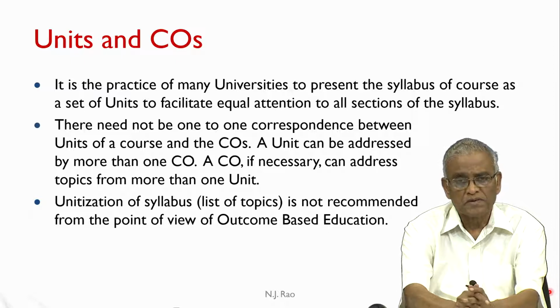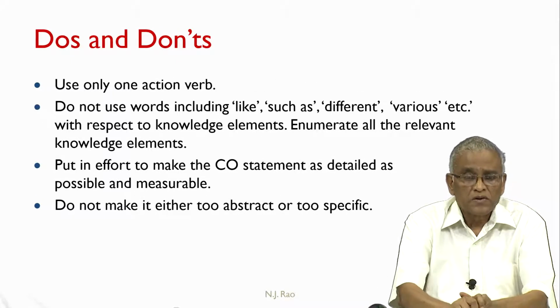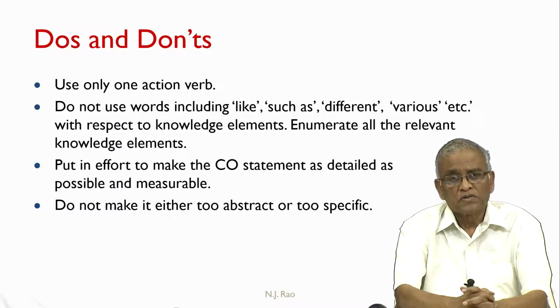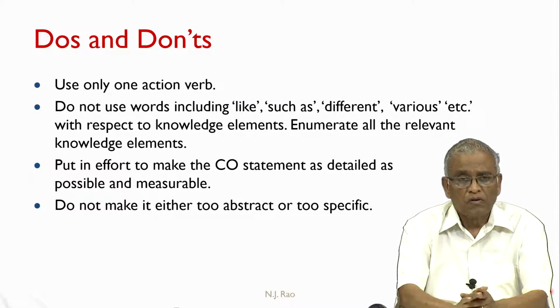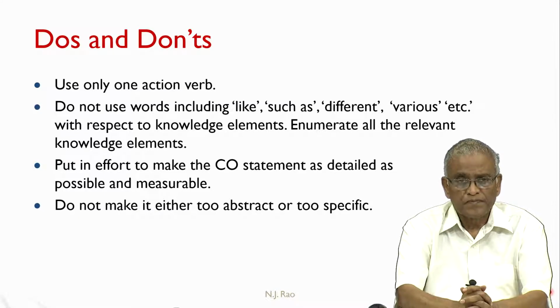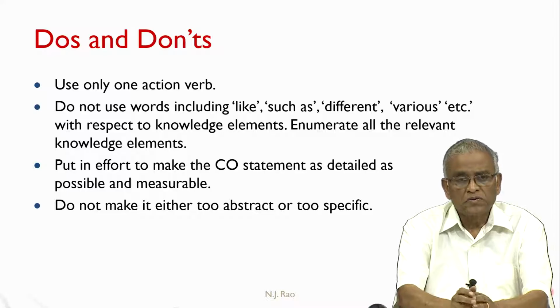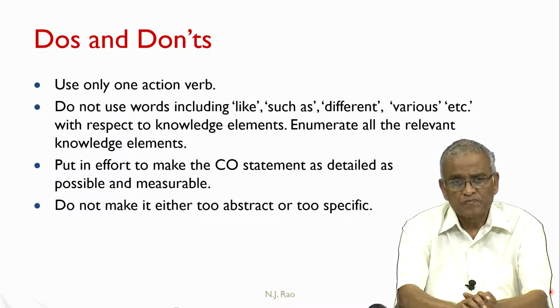Now, we will talk about what the do's and don'ts are when you write your course outcomes. First thing is, use only one action verb. As we have already stated in the earlier unit, occasionally there could be 2 action verbs, but those should be exceptions rather than routine.